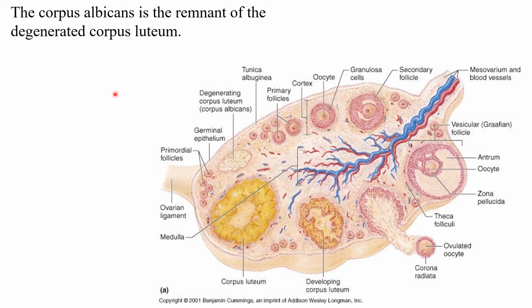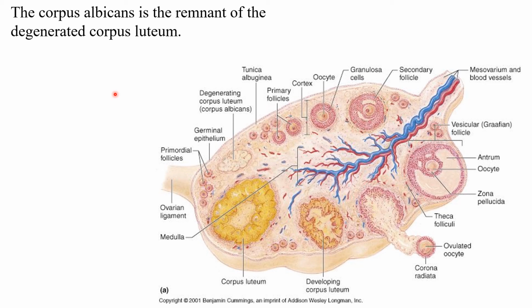So once the ovum is expelled out, it will be available for fertilization for around 2 to 3 days, but not more than 48 hours in specific. So if there is fertilization, then corpus luteum goes on producing the hormone progesterone, which maintains the pregnancy until the childbirth.